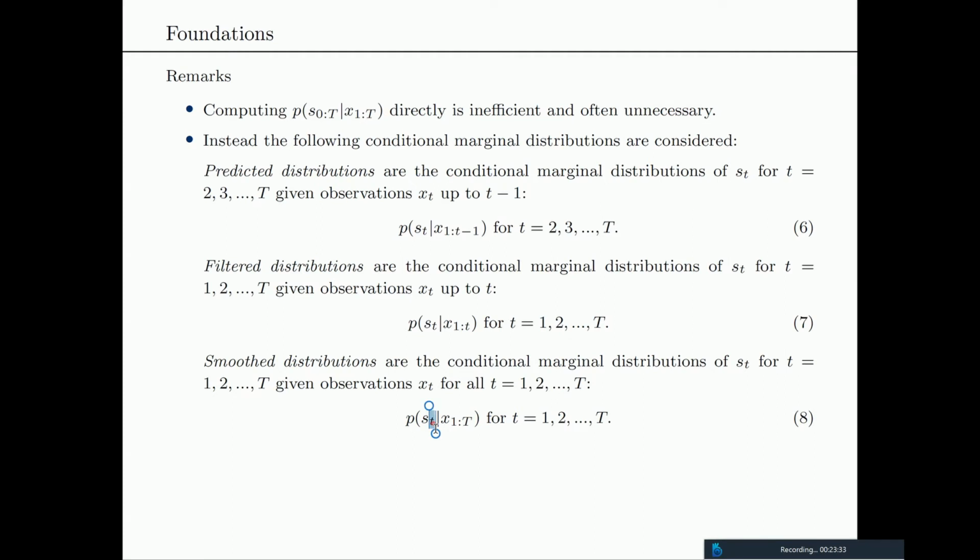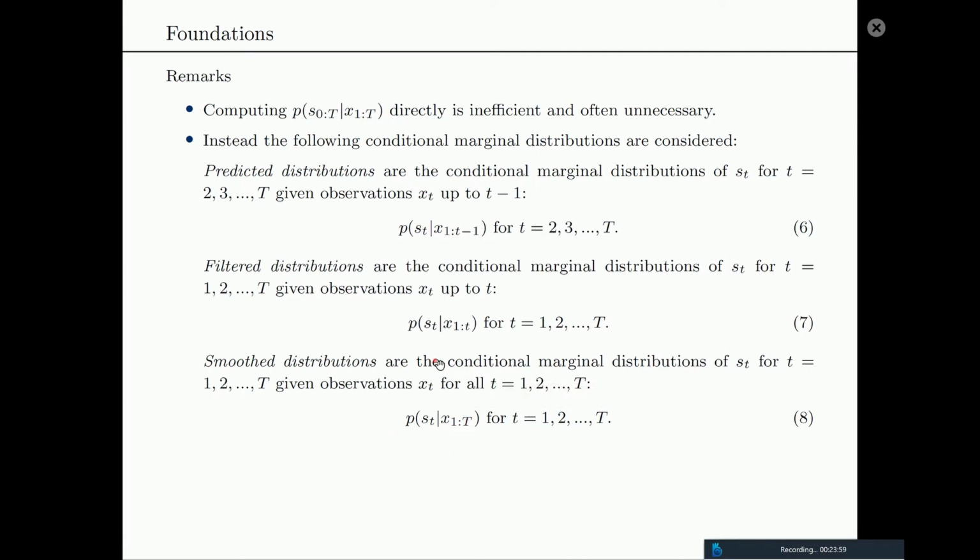Because the assumption is that if you take the later observations into account, you have more information, and most likely your estimate will get somewhat better. These distributions, so the marginal conditional distribution of the state S_t given the observations from 1 to big T, so all observations, are called smooth distributions.